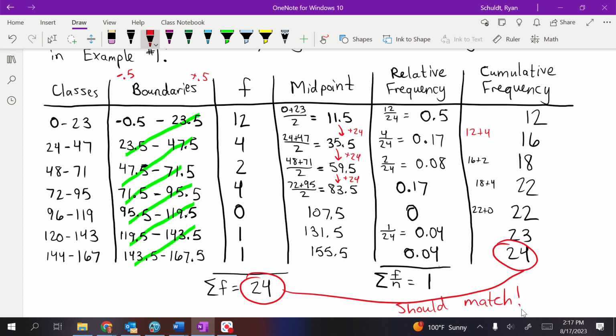And then the vast majority of the class sent less than how many? We can even go that far. Vast majority sent less than 95 messages. So those are some observations you can make looking at the table.